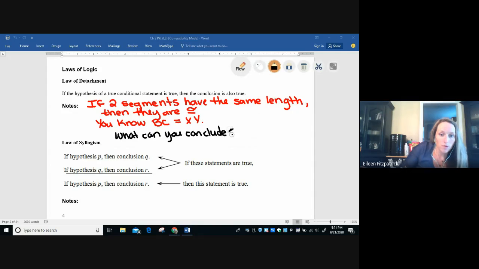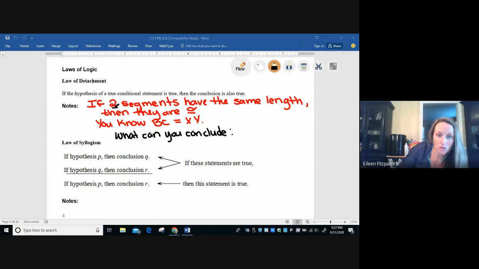All right, so first off, determine whether or not the conditional is true or false. If two segments have the same length, then they are congruent. That is a true statement, right? Because that's the definition of congruent segments, right? Two segments that have the same length are congruent. So then I want you to identify the hypothesis and the conclusion.